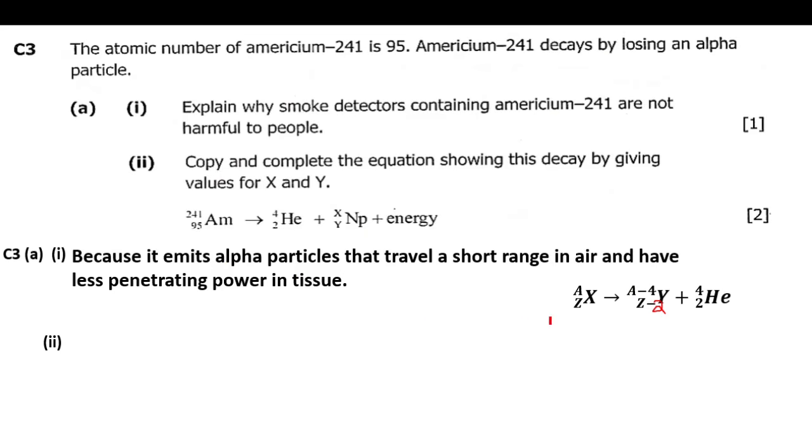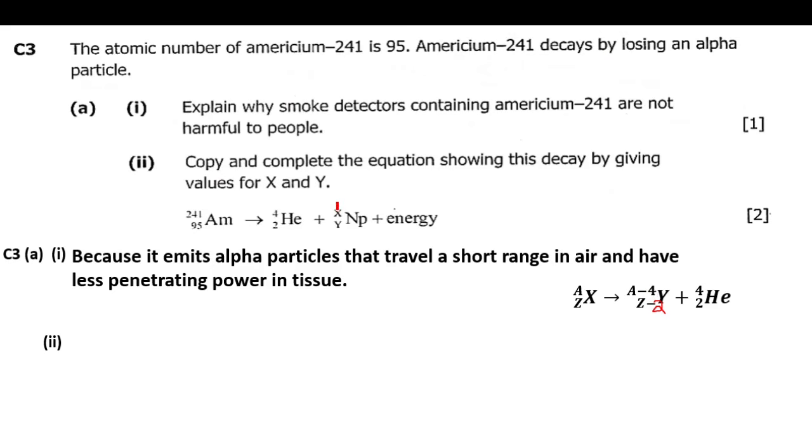Now we will make sure that this remains the same, and this now will be this one here. So we say 241 minus 4, which will give us 237.